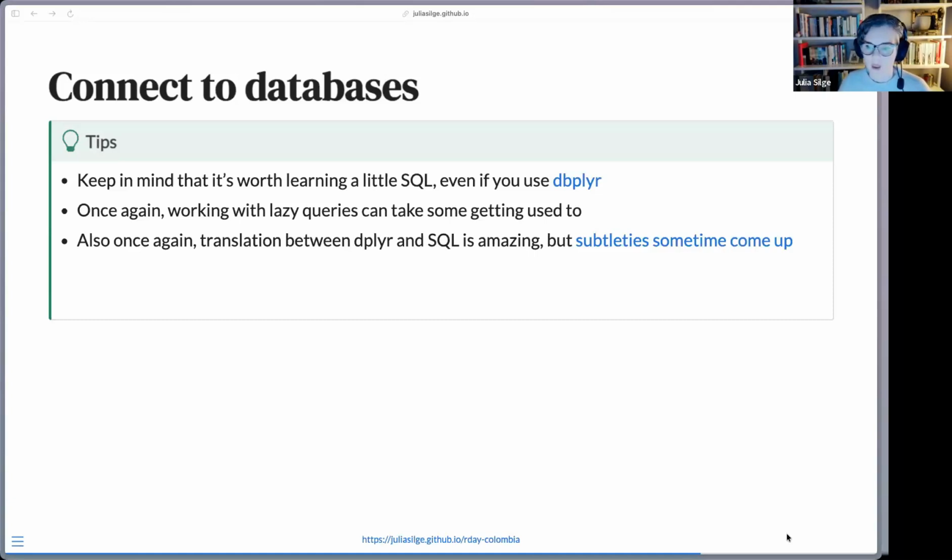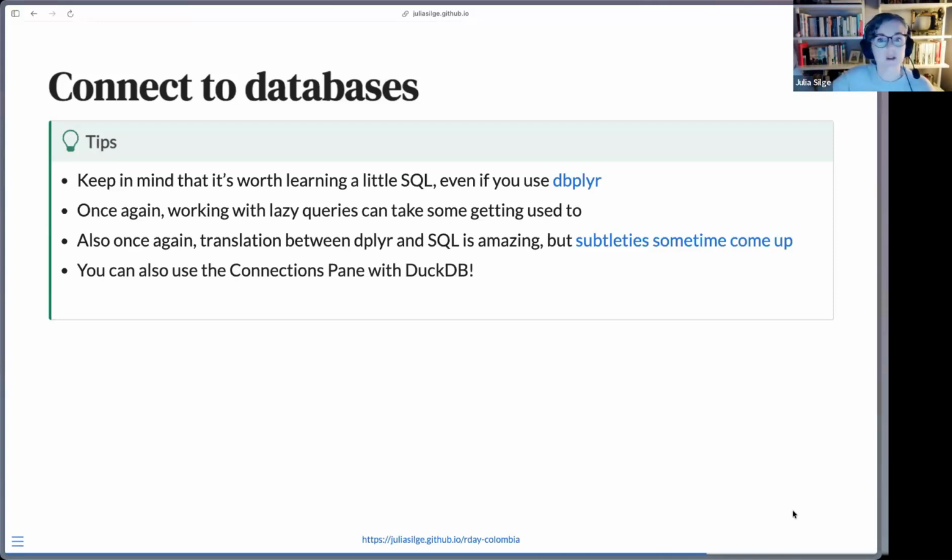You can also use that connections pane that I showed you with DuckDB, because DuckDB is a query engine. DuckDB can be used with SQLite, with a SQL database. These are connected technologies.